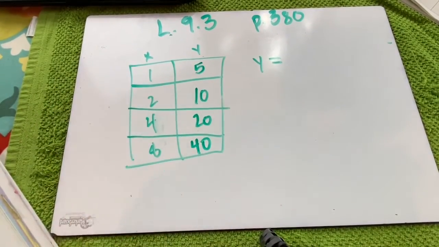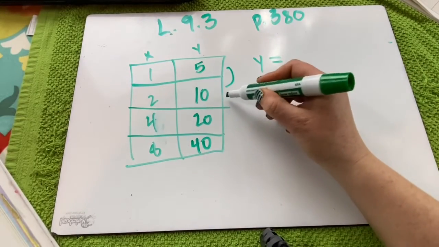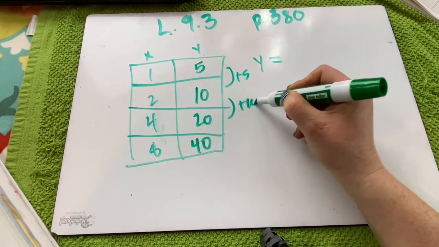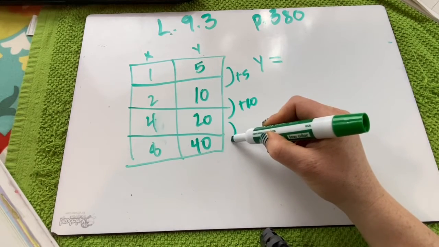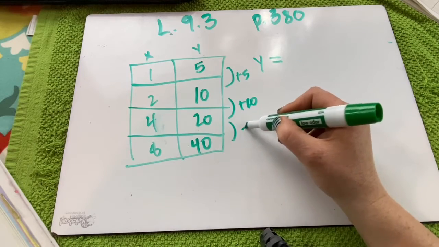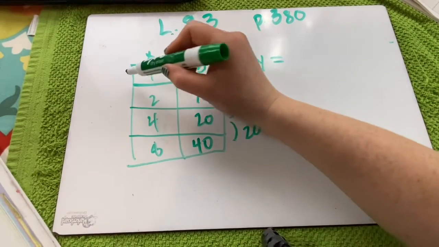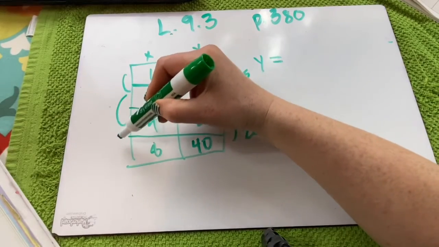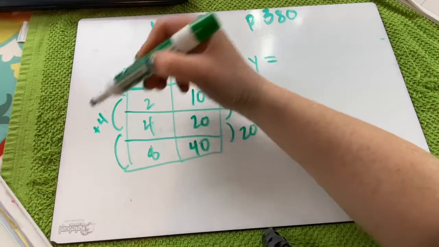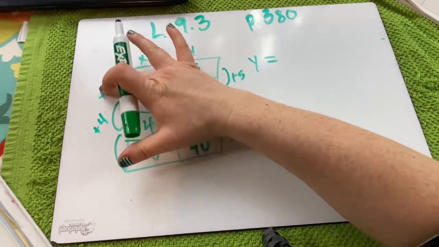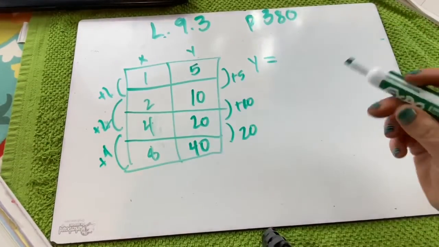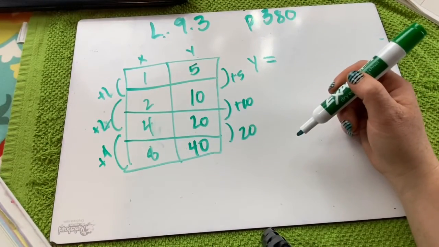So how are these moving? Plus 5, plus 10, plus 20, right? They're doubling each time. And so are these, right? Plus 1, plus 2, plus 4, right? So they're doubling as they go down.